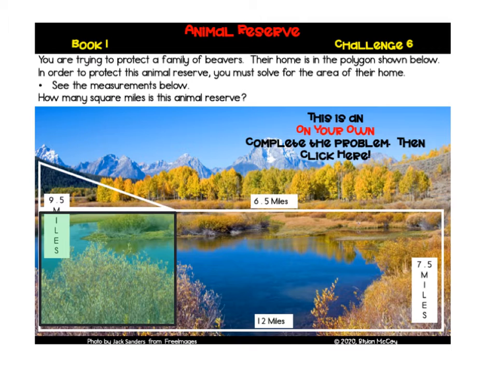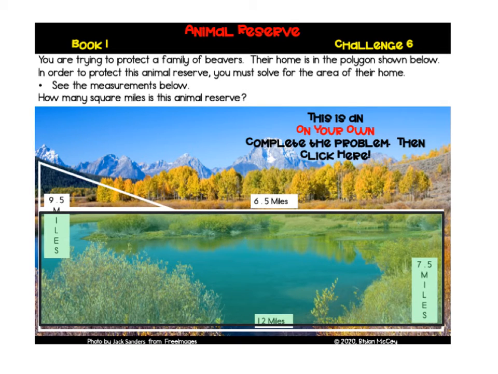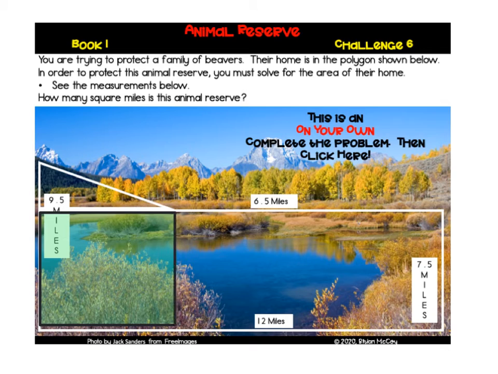If you look here, if I have the full triangular shape, and then if I shrink it, you can see that I'm taking the 12, which is the entire distance across here, and then I'm subtracting this section here, the 6.5, from it. So 12 minus 6.5 would give me this section right here, and that's going to be 5.5 miles.